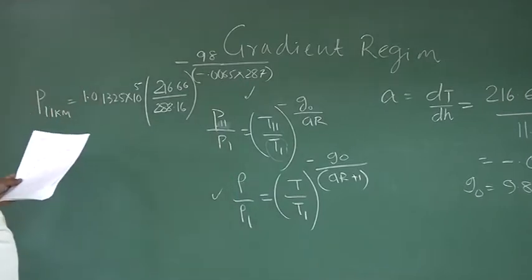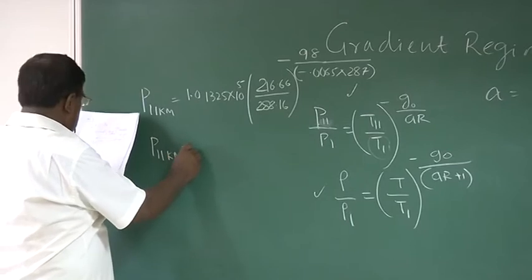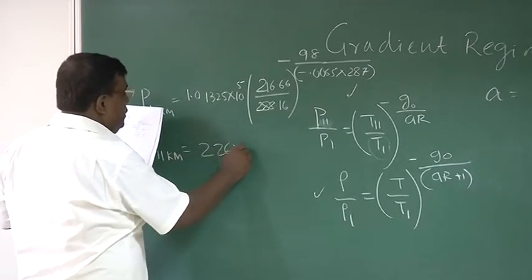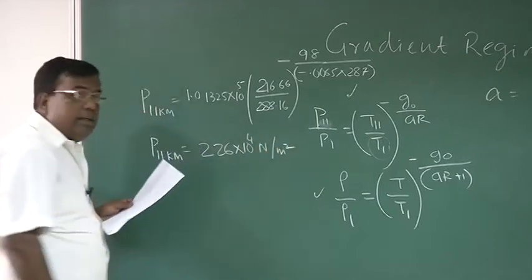Right? So this will give me P at 11 kilometer equal to 2.26 into 10 to the power 4 Newton per meter square. Is it clear?